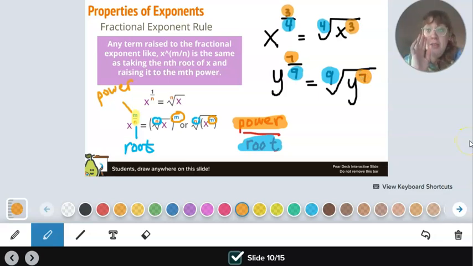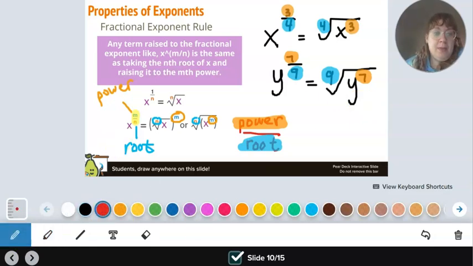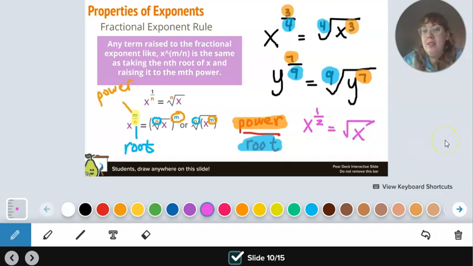So we can rewrite and also simplify by using this idea that we can take anything that's in a root, like for example, x to the 1/2 has a power of 1 and a root of 2. So that's just the square root of x to the 1st power. So we can take roots and rewrite them as fractions and then use that as a way to simplify. So it's just important to see how we can go back and forth between these two different types of ways to write our terms, using a fractional exponent or putting it in our radical form.